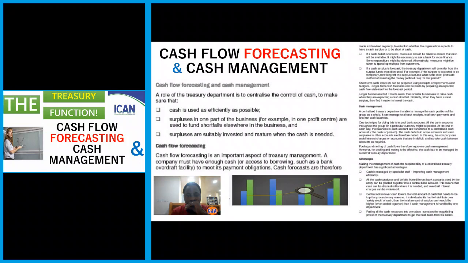So cash flow forecasting is a critical and important aspect of treasury management. An organization must have enough cash at hand to deal with the projects and business, and you would not know how much we are going to need, because we can't just go to, let's say, the exchange market.